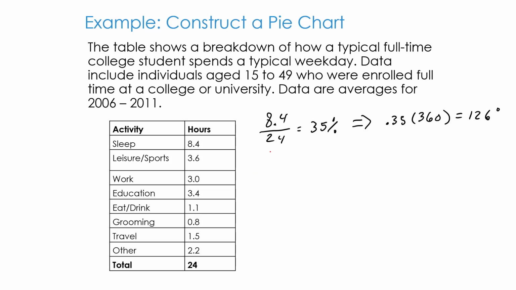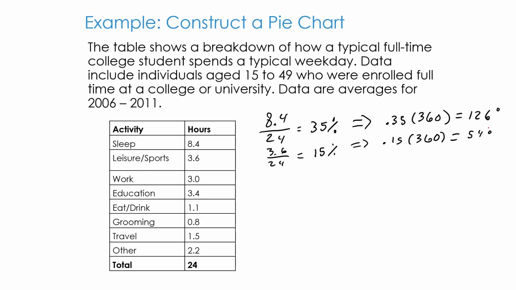sleeping. Leisure and sports, they spend 3.6 out of 24. They spend 15% of their time on leisure and sports, which then you do 0.15 times 360. 54 degrees should be the size of your wedge for leisure and sports.